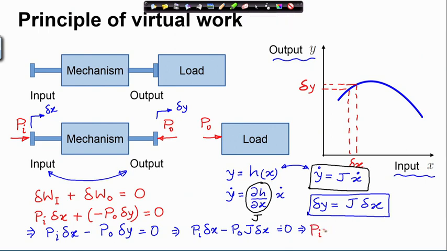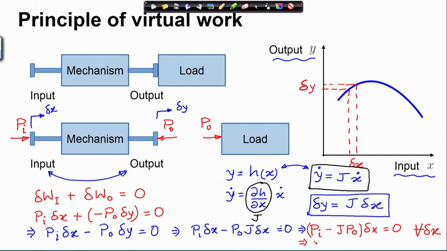Which implies Pi minus J times Po, times delta x, must be equal to 0. And this should be satisfied for all virtual displacements at the input delta x.